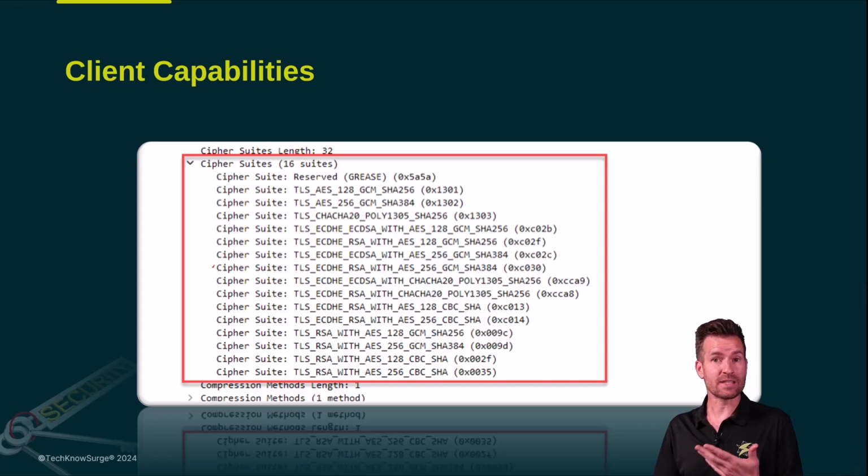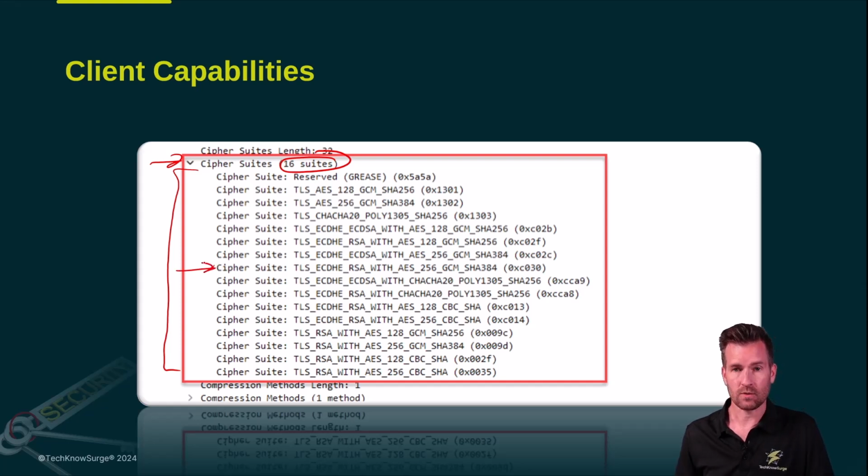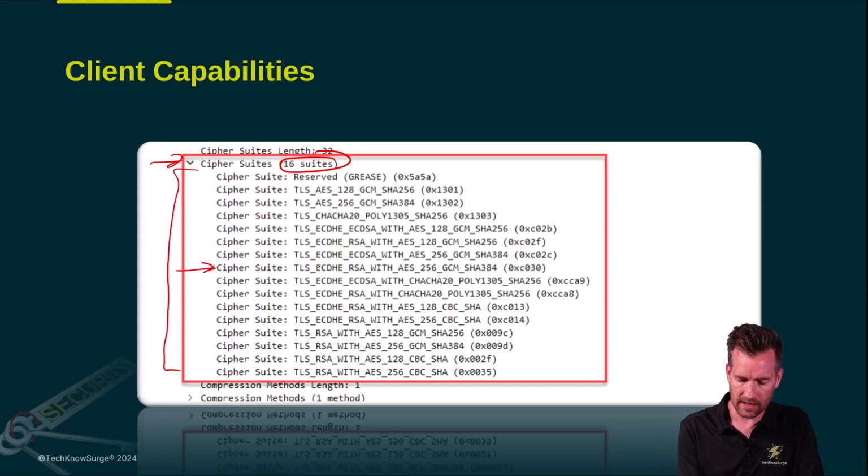Here's a packet that was captured going from a client to a server, and the client's telling the server what its capabilities are. So we see in here the different Cipher Suites. It will support a total of 16 suites, and we can see a list of them right here. If we want to look more deeply, let's take a look at this one right here. This one is saying that it is capable of supporting the Diffie-Hellman for a key exchange.